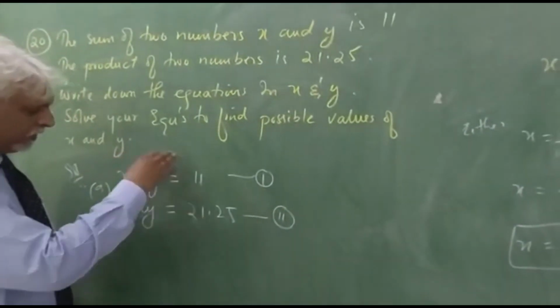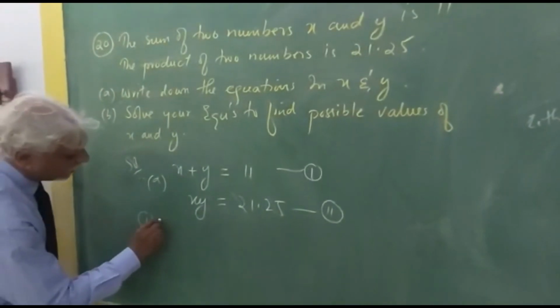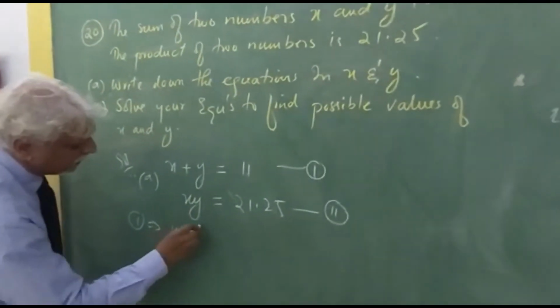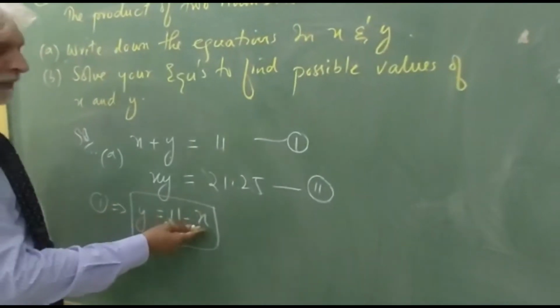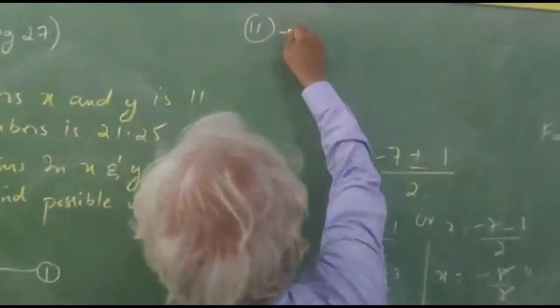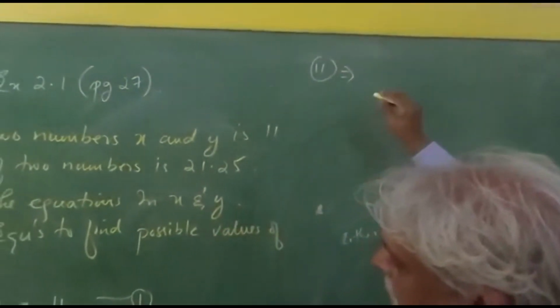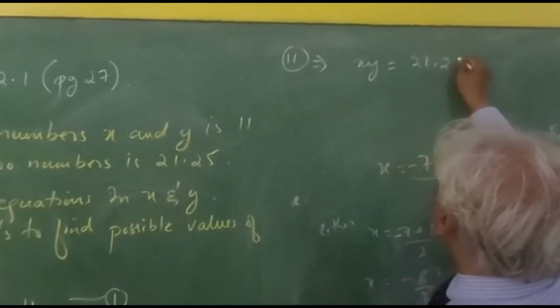So first we will substitute from the first equation. I can get the value of y, which is equal to 11 minus x. Now I'll substitute this value of y equals 11 minus x in the second equation. Okay, now what is our second equation? Our second equation is xy equals 21.25.